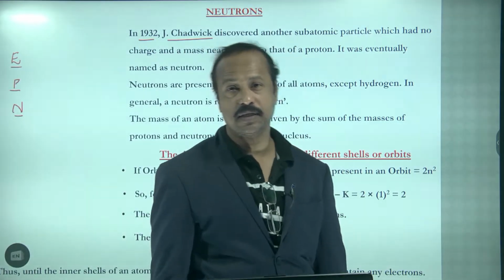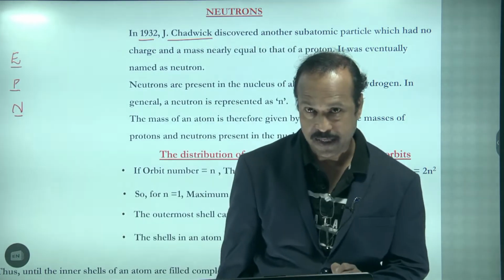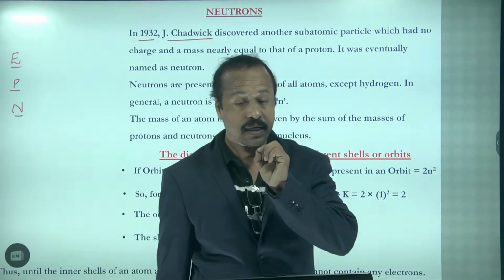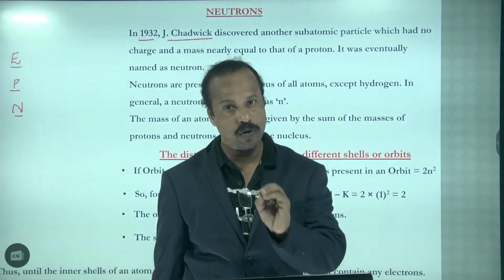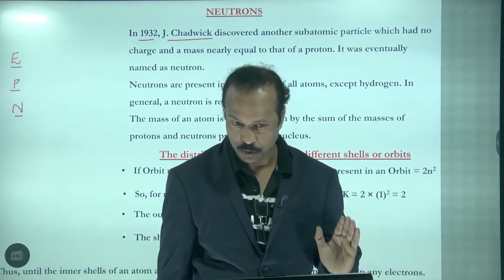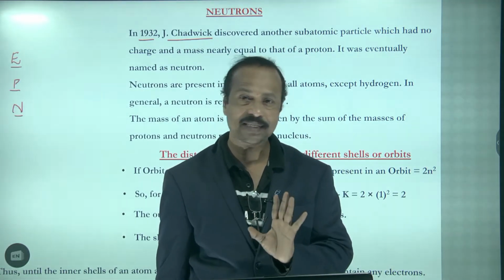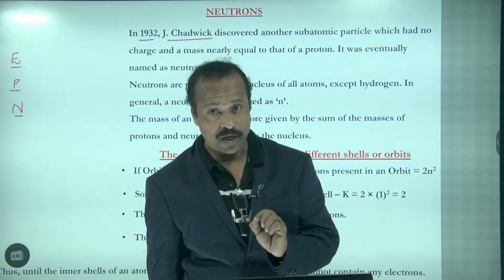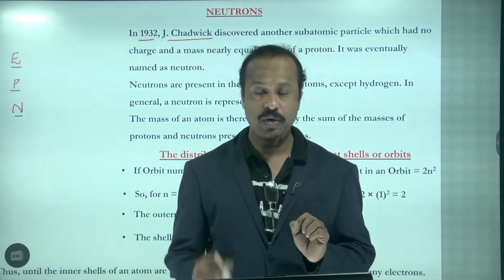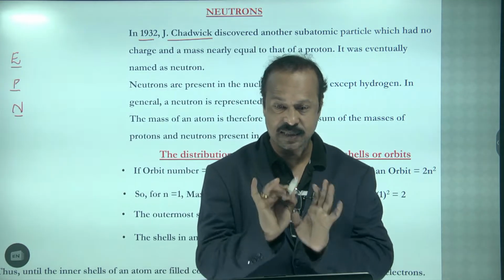A neutron is a fundamental particle with a mass equivalent, approximately, to the mass of a proton or the mass of hydrogen, but it does not carry any charge. It is a neutral particle. Hence, the charge on the neutron is 0.